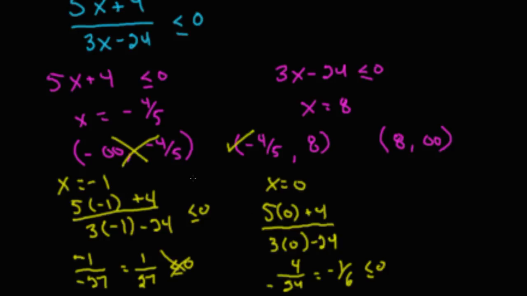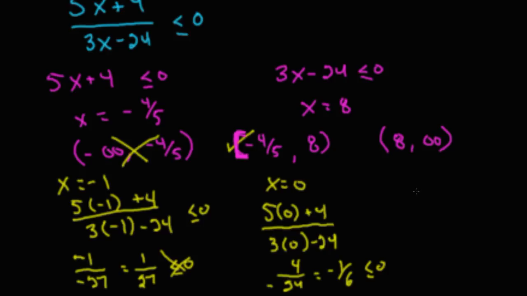So that would actually be true for when x is equal to negative 4/5. So we can write that as a bracket instead of a parenthesis, because that's going to be true when it's equal to negative 4/5.